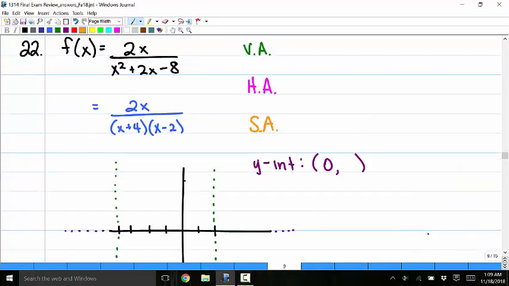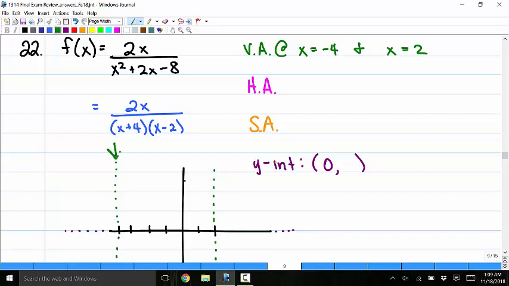Number 22, given f of x equals 2x over quantity x squared plus 2x minus 8. Go graph it. First thing I did was factor the denominator to x plus 4 times x minus 2. There are no common factors in the numerator and denominator, so there will be vertical asymptotes whenever the denominator is equal to 0. So that's going to be at x equals negative 4 and x equals 2.